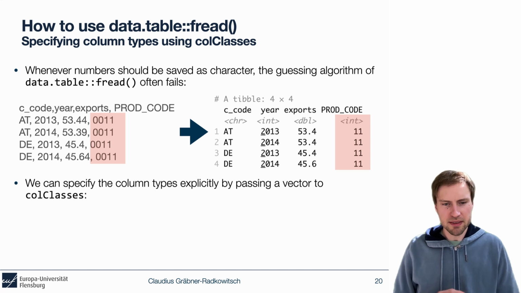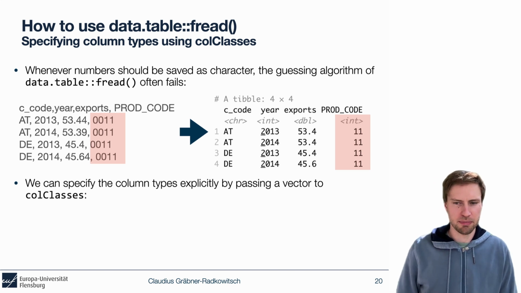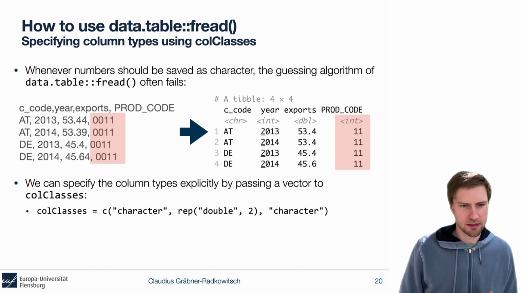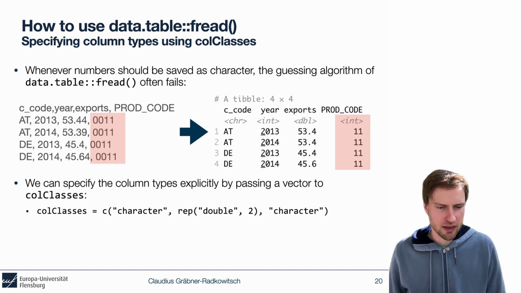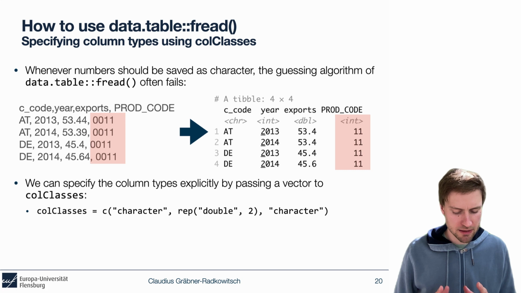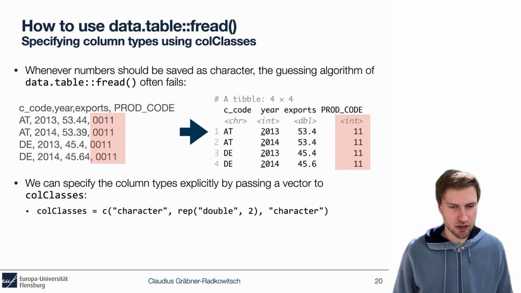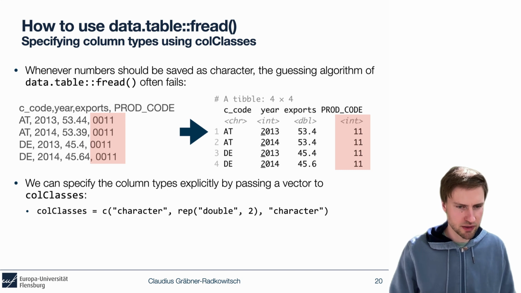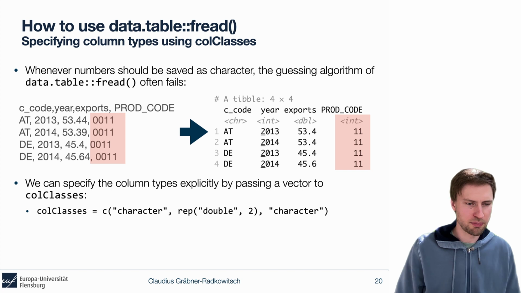And we can specify this column type explicitly by passing a vector to colClasses. colClasses here takes a character vector that specifies the object types that R should use. So in our case, since we have 4 columns, we need to provide 4 character strings, each representing the type for the respective column.